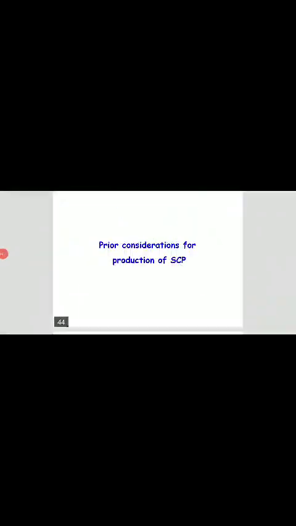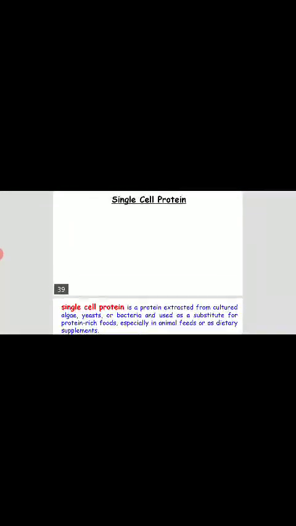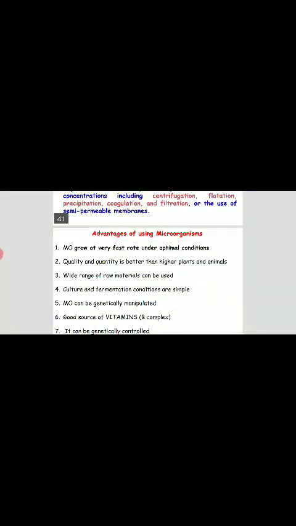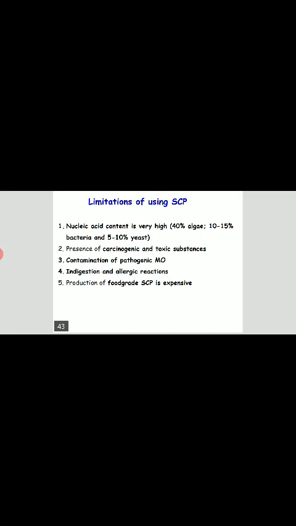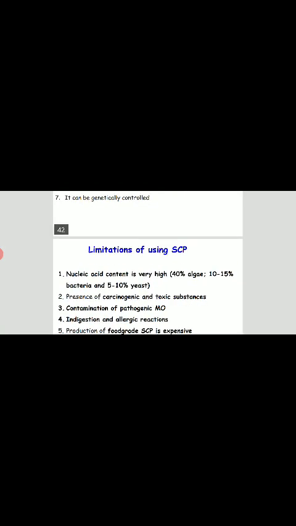In the next slides, I have discussed the whole process, how citric acid forms, and how we can go for the synthesis of citric acid from commercial strains. Then single cell proteins are also covered: how they work, what the advantages of using microorganisms are, and what the limitations of single cell proteins are.